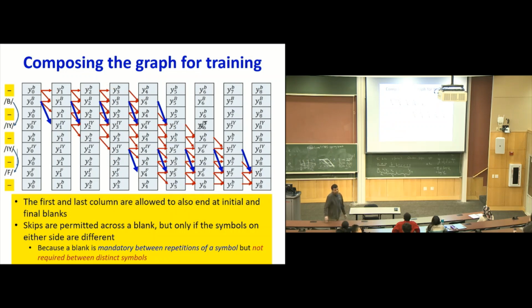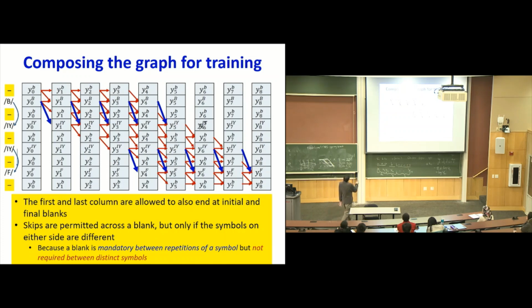If I permitted a skip, then even though I'm trying to align a double E, the alignment wouldn't introduce a blank between the 2 instances of E. So I'm forcing a blank between the 2 instances of E. Make sense?